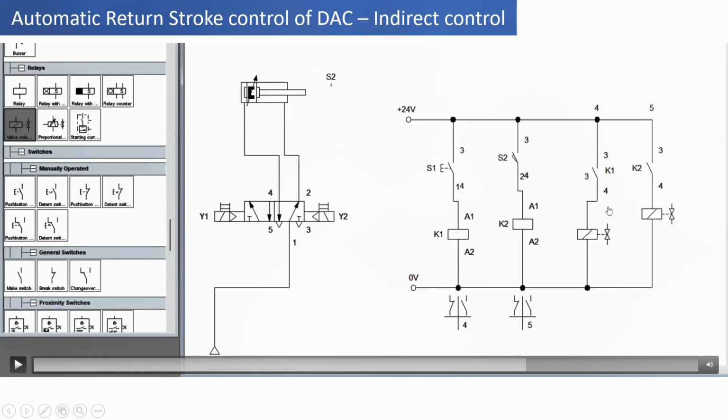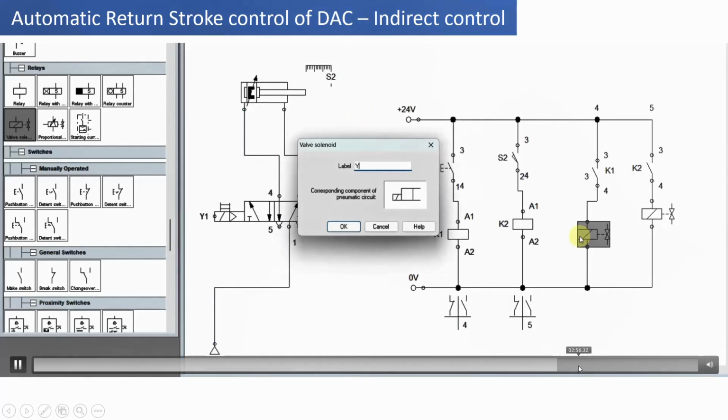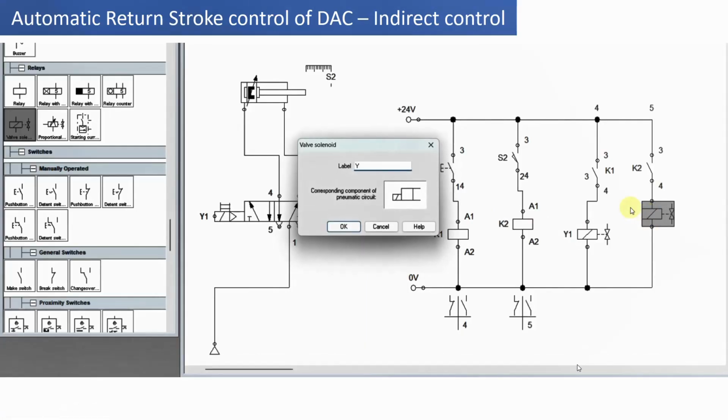This 5 corresponds to the current path 5, in which this relay switch K2 is normally open, and it corresponds to this relay K2 of this particular circuit. Now label these solenoid valves as Y1 and Y2. So that it will complete the circuit.